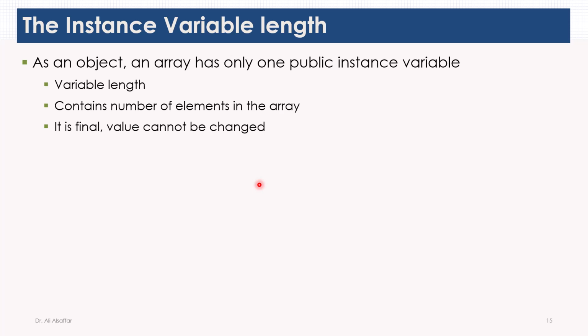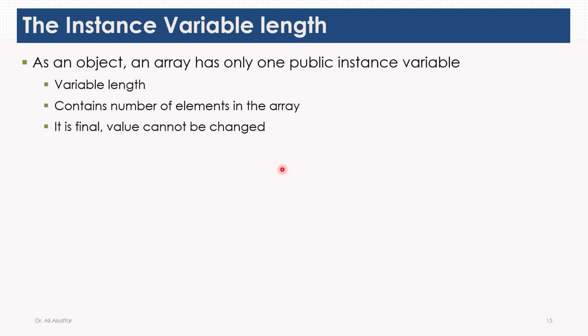We have mentioned before that arrays were objects. Therefore, we could expect that they have data members as well as public methods. However, they have only one public instance variable, and that variable represents the length of the array. So what is the length of the array and how to determine it? When you declare arrays, as part of the declaration you specify how many elements you want to create.